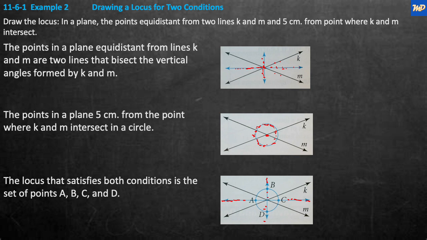That set of points has to be equidistant on these bisector lines, and 5 centimeters from the center. So the only time you can get those is where the line crosses the circle. Where the circle is struck by the line going through it, those 4 points are the combination of these two conditions.